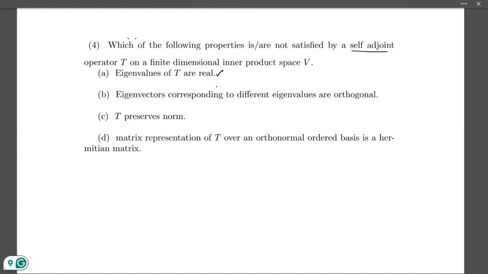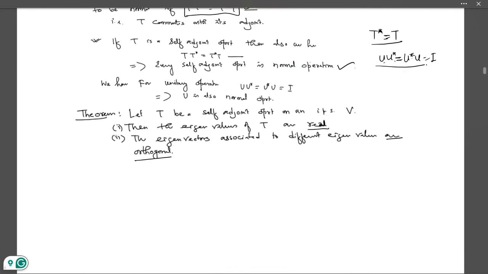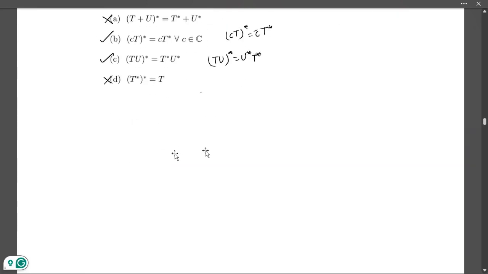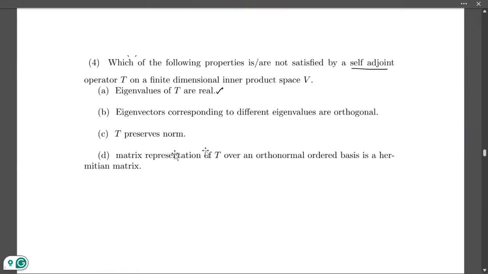This is also just the last theorem, if you remember. For self-adjoint operators, eigenvectors corresponding to different eigenvalues are orthogonal. This is proved in the class, that's why I'm assuming and going ahead. So this statement is also correct.